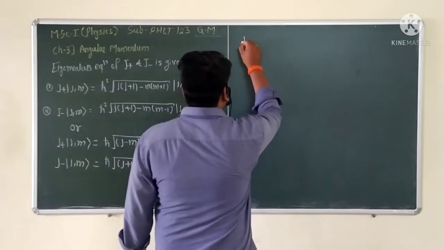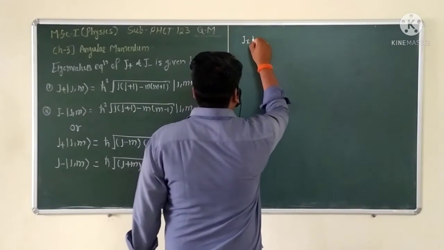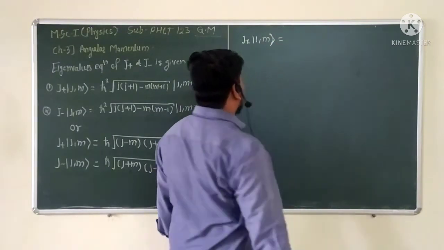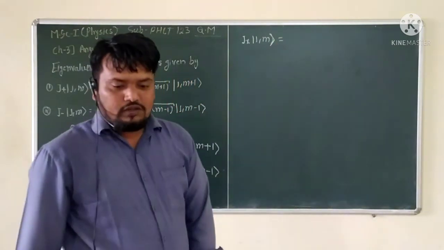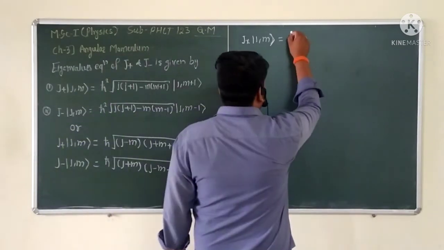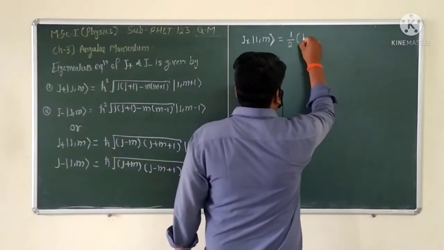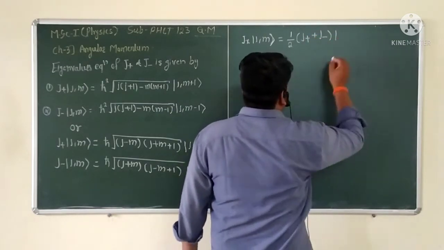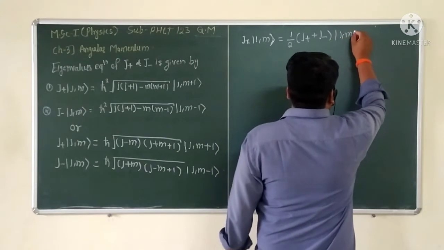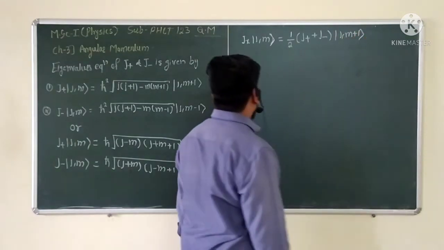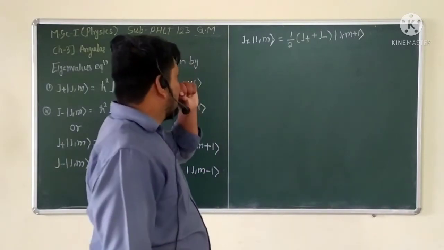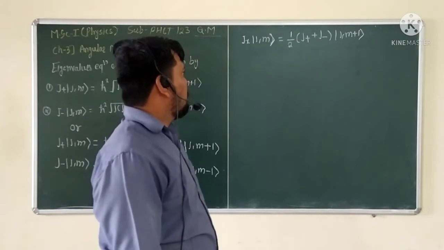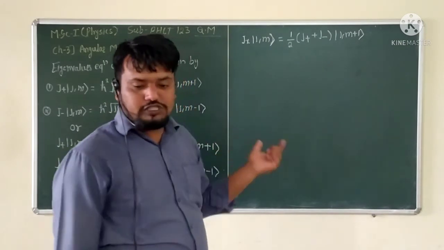Jx on J comma m is 1 by 2 in bracket J plus plus J minus acting on ket J comma m. You know the eigenvalue equations of J plus and J minus.